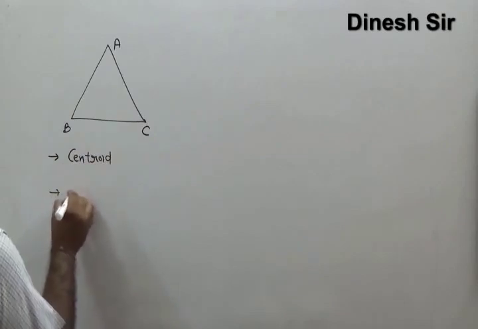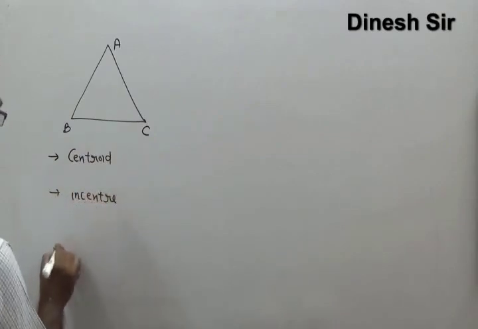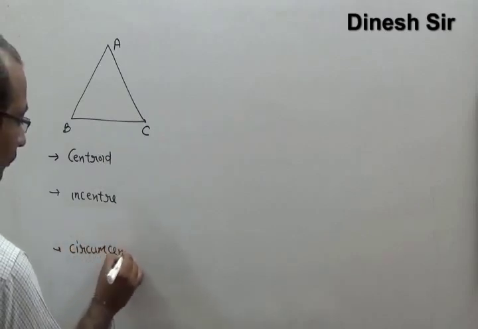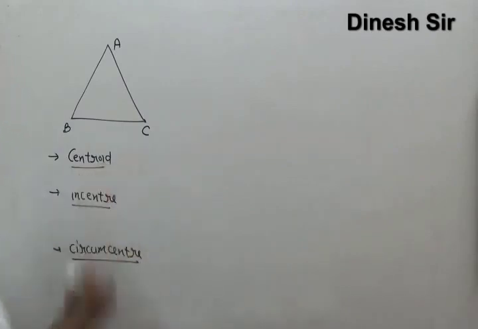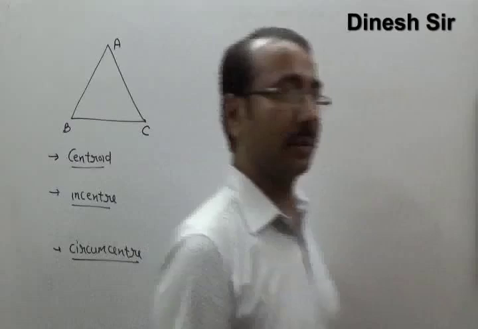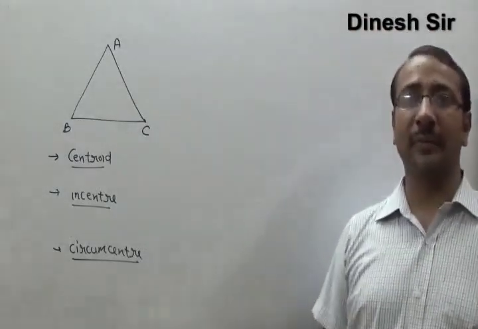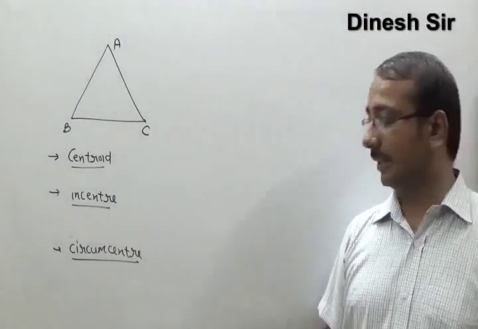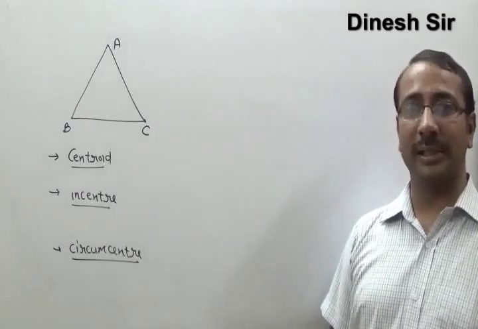Second one is the incenter. Third one is the circumcenter. Earlier in the geometry portion I explained the definitions of centroid, incenter and circumcenter. You all know that the centroid is the intersecting point of the medians, the incenter is the intersecting point of angle bisectors, and the circumcenter is the intersecting point of perpendicular bisectors.